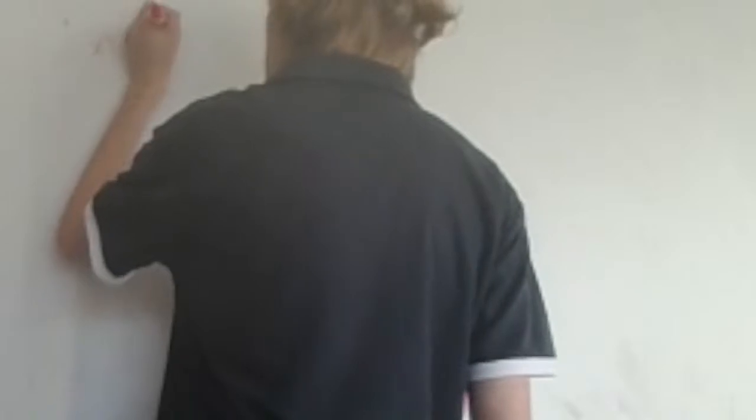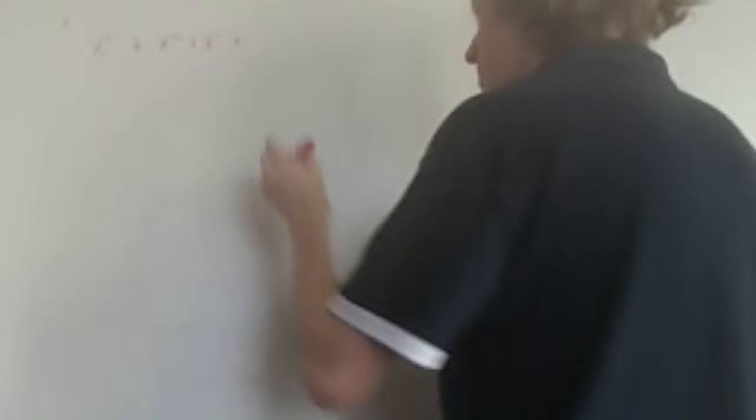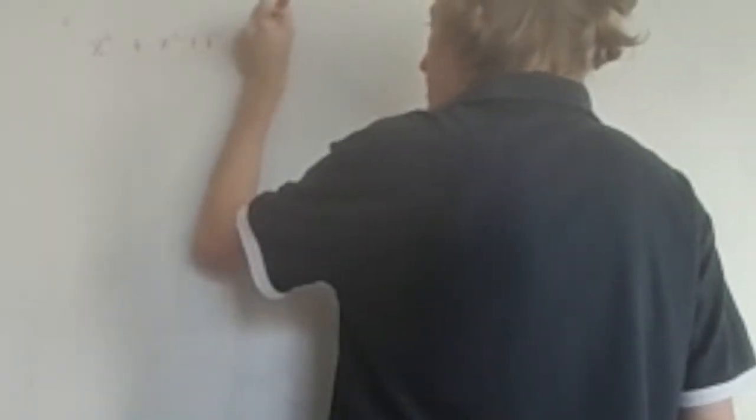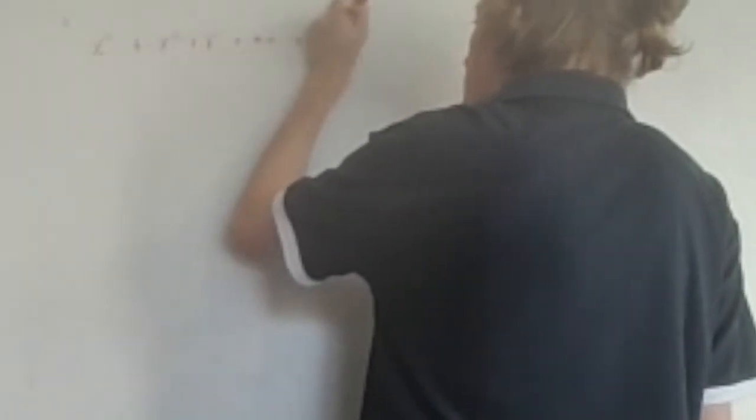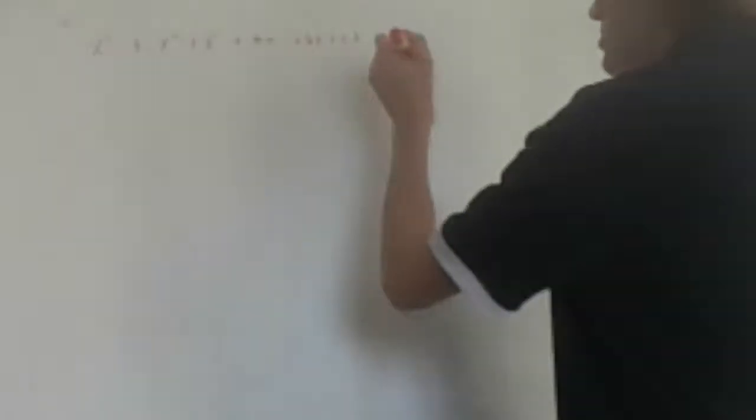Okay, honestly, there isn't too much to review here, other than given some arbitrary x squared plus y squared plus z squared plus ax plus by plus cz is equal to d. Write this in terms of the equation of a sphere.